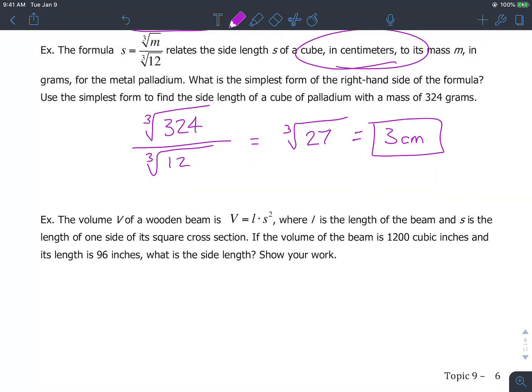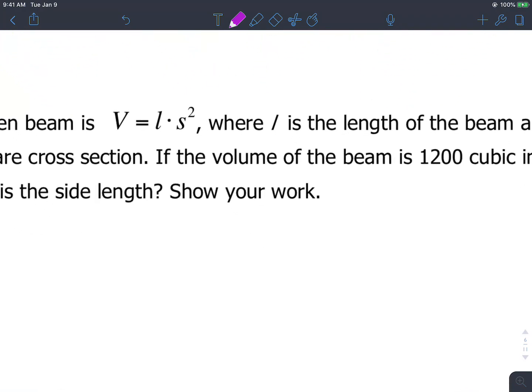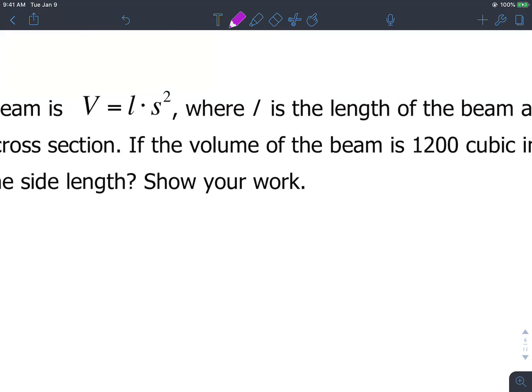So, all right, I believe this is the last one. Yep. All right, so you got the volume V of a wooden beam is this formula right here, where L is the length of the beam, and then S is the length of one side of its square cross section right there. If the volume of the beam is 1,200 cubic inches and the length is 96, what is the side length? So you're basically plugging in everything you know into your formula.